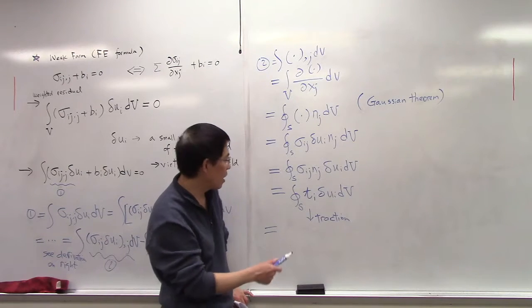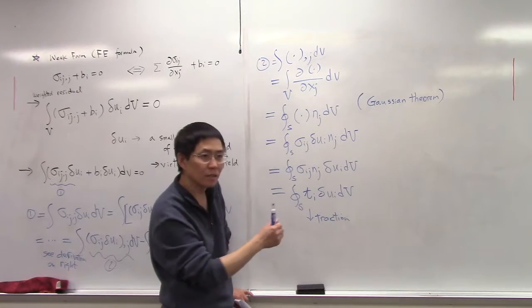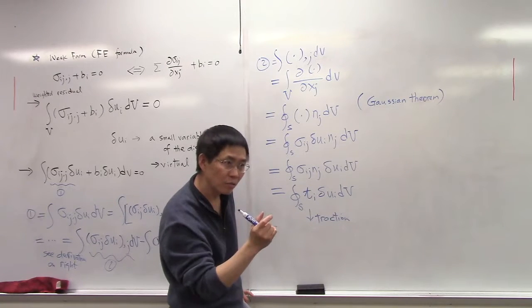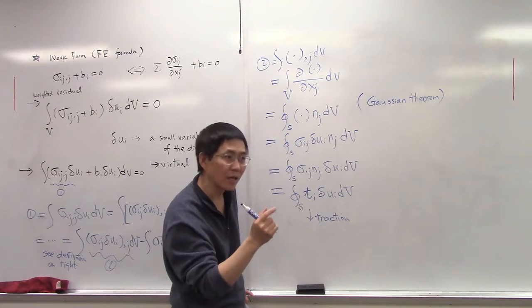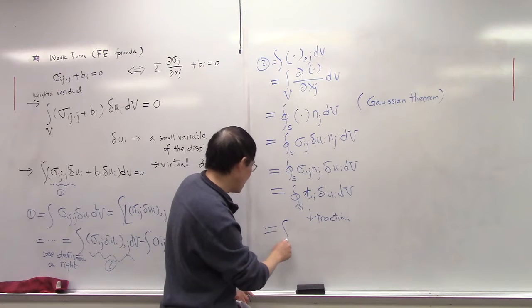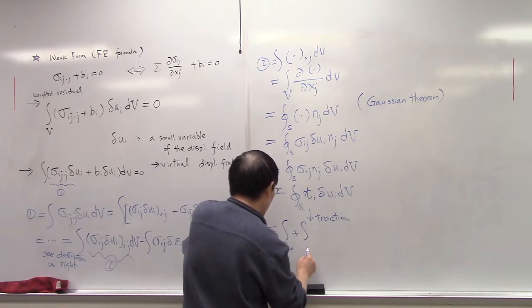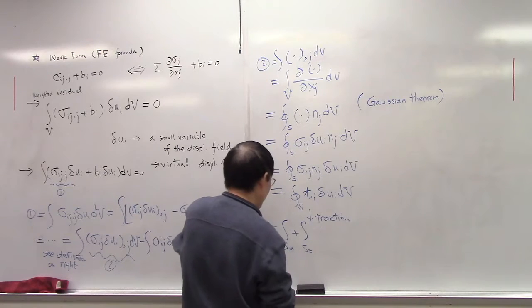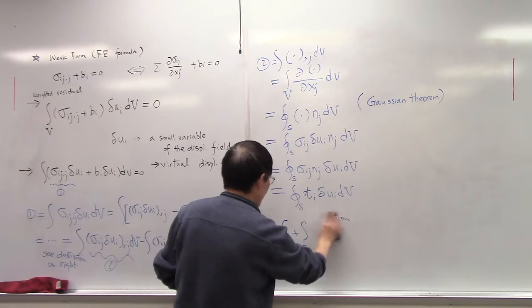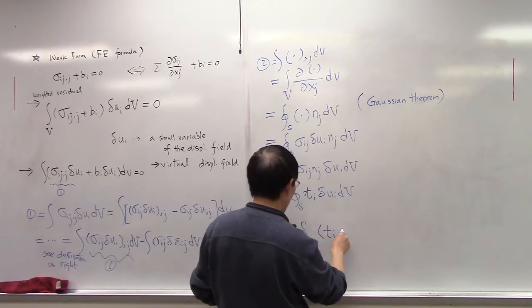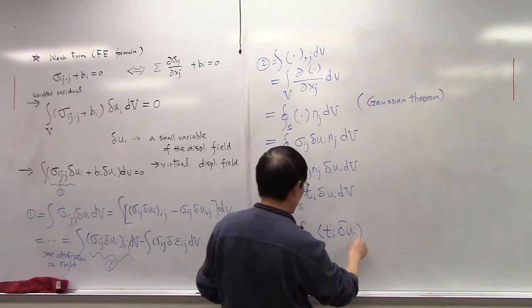The whole surface consists of two parts: the essential S_u and also S_T. So I should really write it as S_u plus S_T, okay? Then the same integral, delta u_i dv.